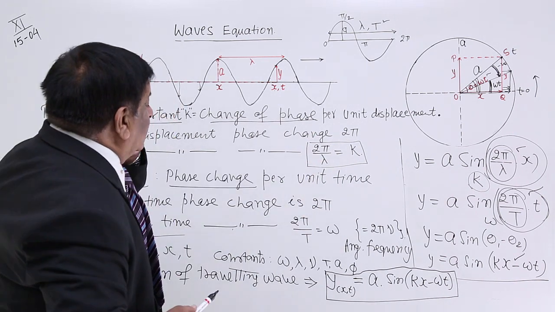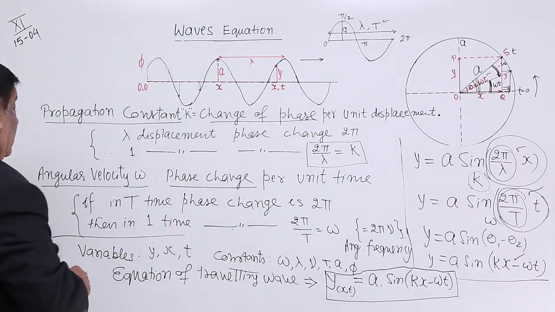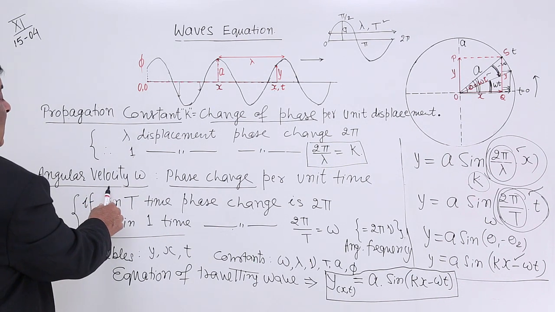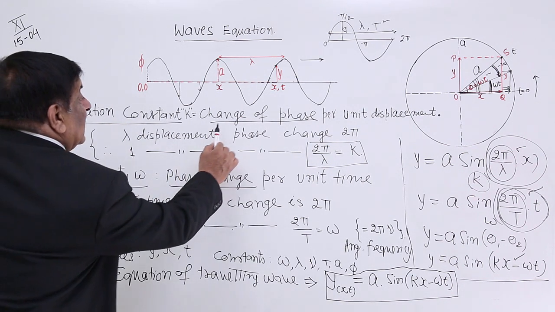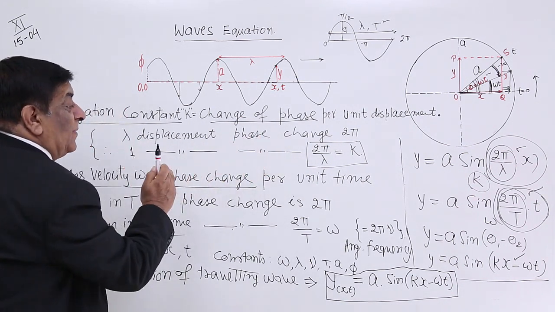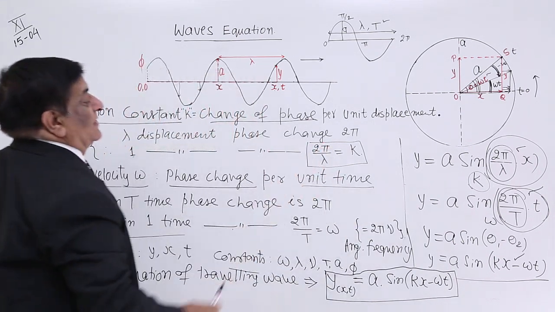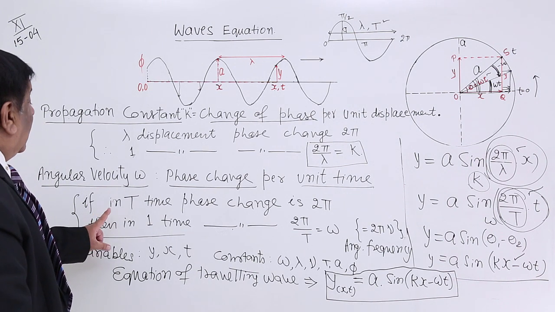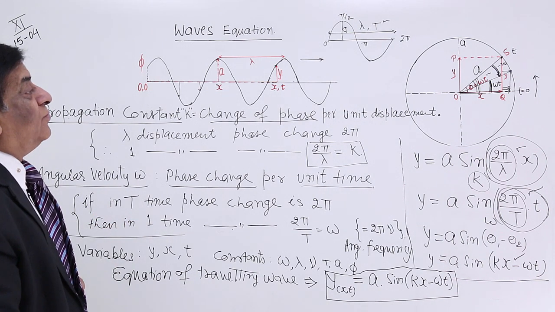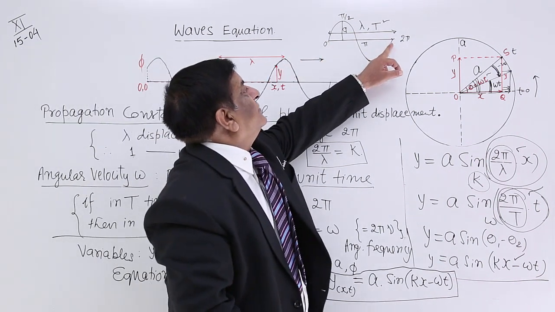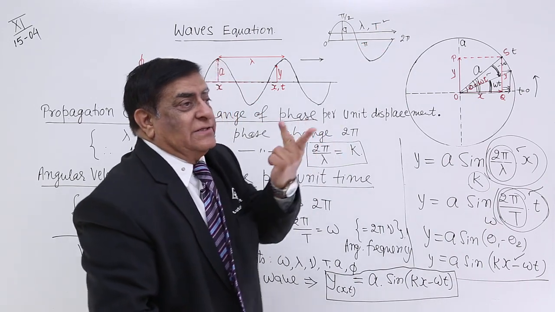Okay, remember this. Then another thing, angular velocity omega. This is again phase change, but this is not per unit length. This is per unit time, because both things are changing. So 2 pi phase change in how much time? 2 pi phase change in time T. Write it the other way.